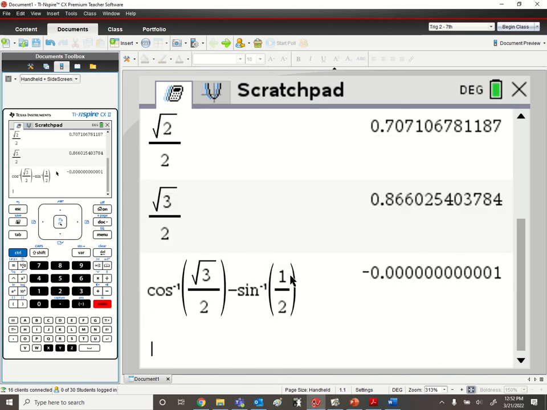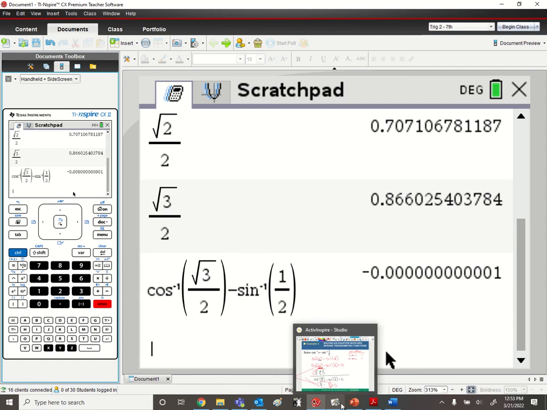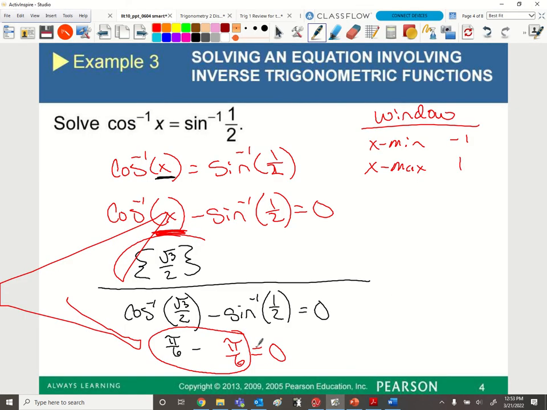So the calculator approximation is saying that this is going to be 0. Remember when we did this before and I say, hey, if there are at least 4 zeros in front, guarantee that's a 0. Your calculator approximation is slightly off. So this is assumed to be 0. So that makes this piece right here true. So my only answer is going to be my rad 3 over 2.